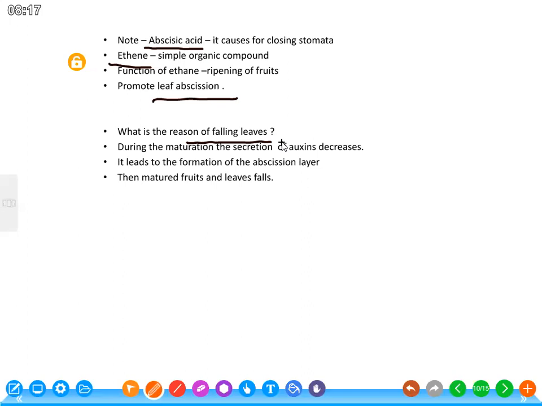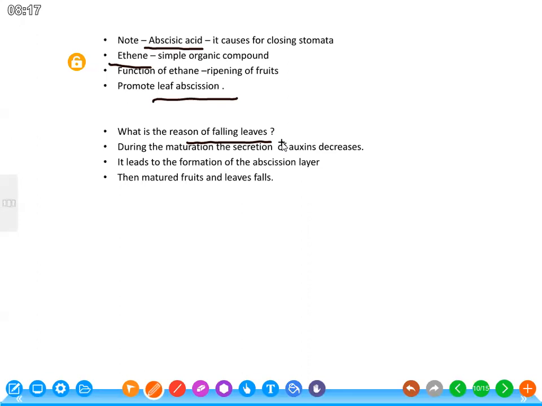So if the auxin level decreases, it leads to the formation of the abscission layer. Then the matured fruits and leaves fall. So this is the reason for falling leaves.